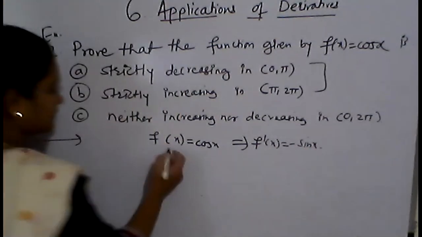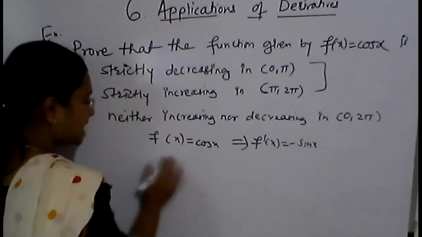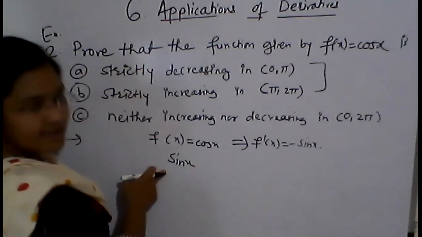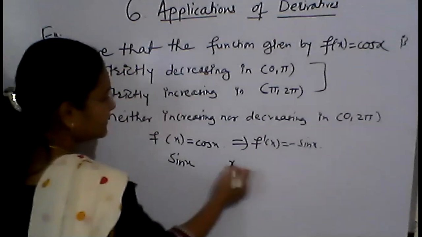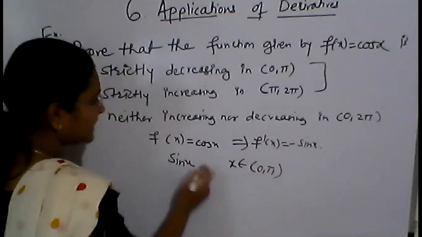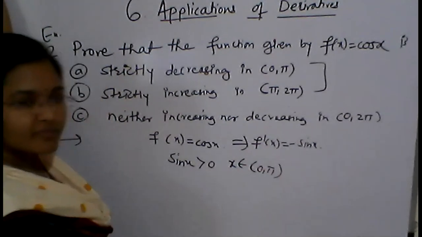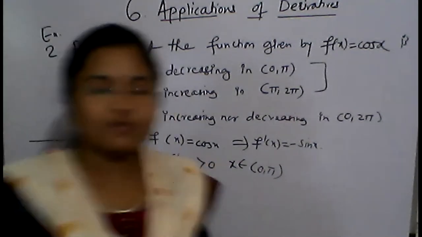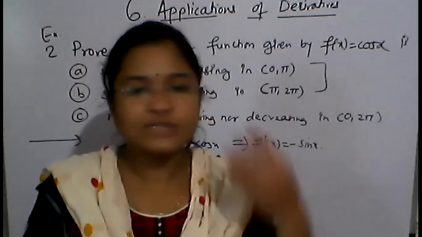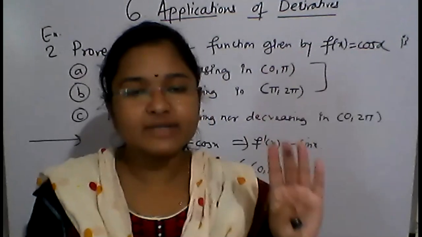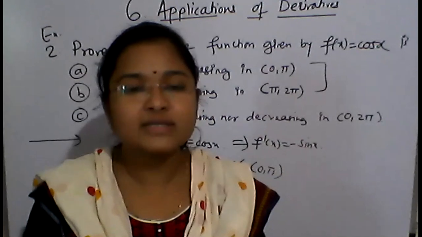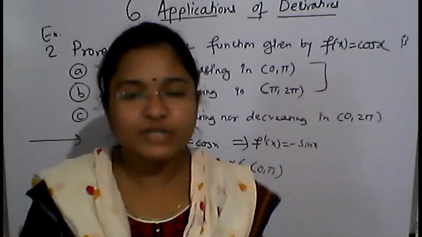Now student, the value of sin x: if we take any angle belonging to 0 to pi, sin x is positive, in the first and second quadrants. In the first all are positive, in the second sine is positive. So sin x is positive in 0 to pi.